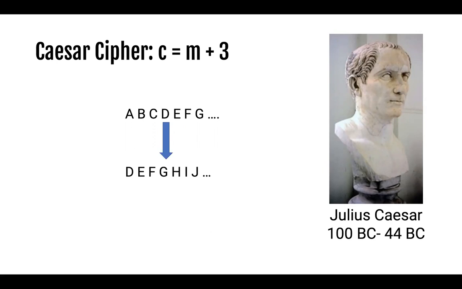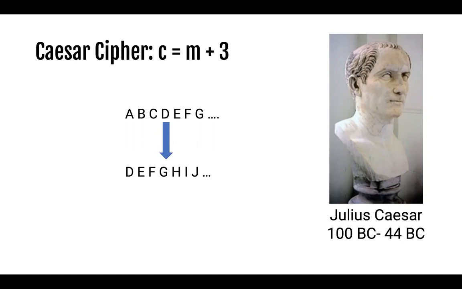And the way that they encrypt things is pretty easy. For the letters A, B, C, D, E, F, they shift those letters by 3. This is the original design of the Caesar cipher.